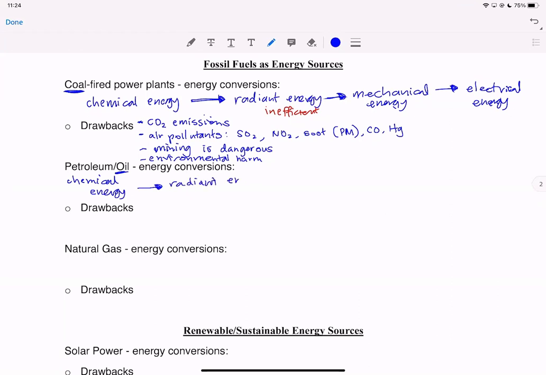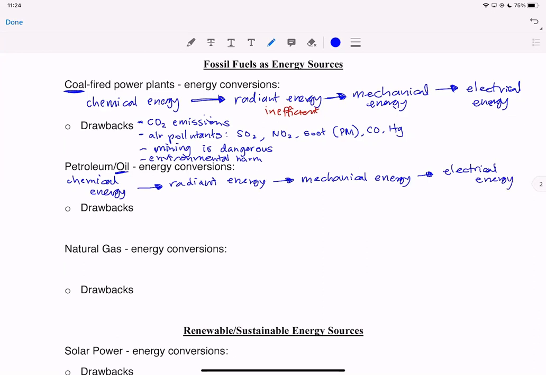Heat is radiant energy that is then used to boil water and turn it into steam, and then that steam can move. That's mechanical energy when the steam moves through a turbine that is connected to a generator, and that generates electrical energy for the grid.